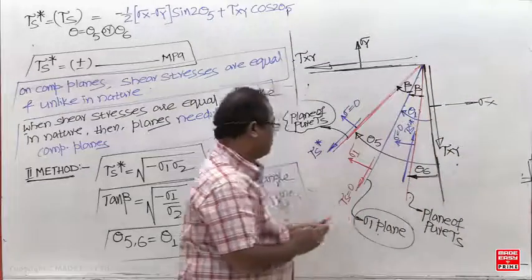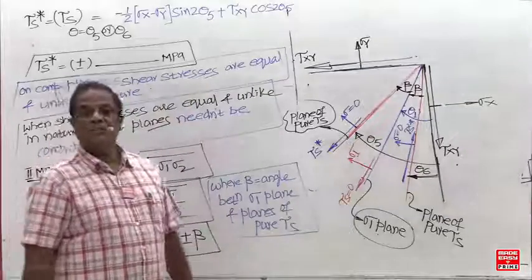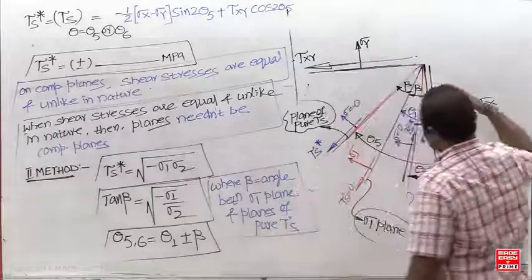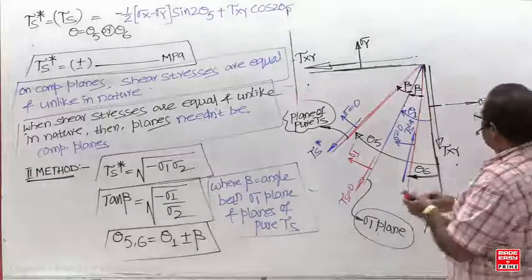This is a reference. Now where are you going to get a sigma 2 plane? 90 degrees to this. This is a sigma 1 plane. Where are you going to get the sigma 2 plane now? 90 degrees.